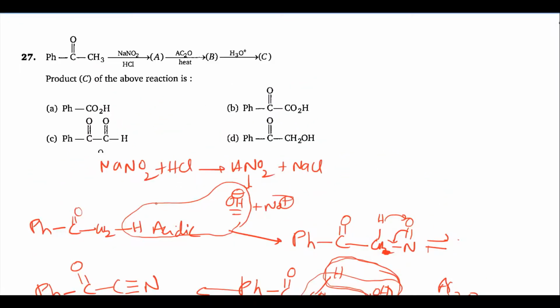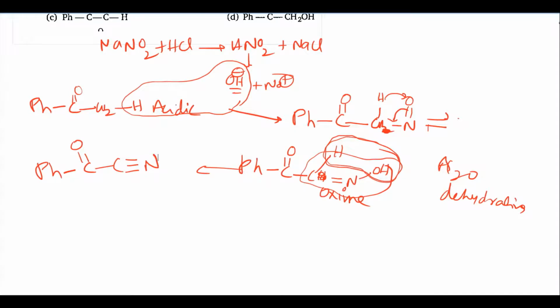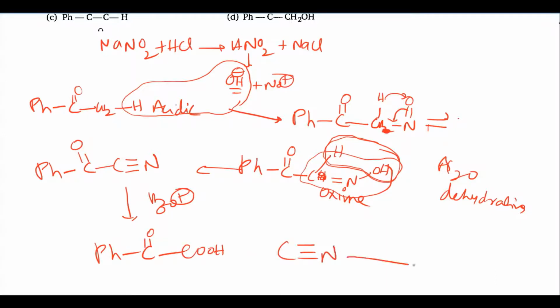After cyanide formation, what is there? Hydrolysis is there. So this will come in the carboxylic acids chapter. Cyanide, the very important conversion. Cyanide on hydrolysis gives carboxylic acid. Very important. I am writing here cyanide hydrolysis. It is converted to carboxylic acid. Okay. So this is a very important conversion.